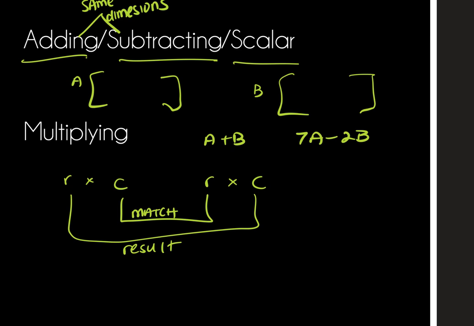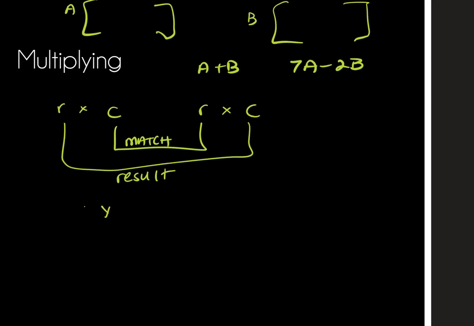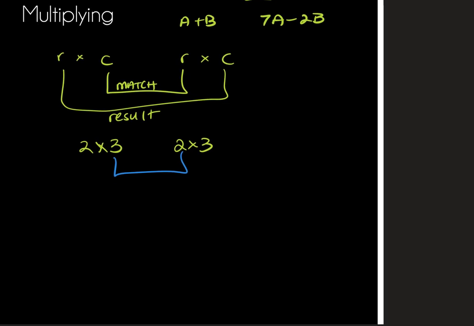So if it's a 2x3 and a 2x3, we cannot multiply because the middle two do not match, okay? But a 2x3 and a 3x2 works. The middle two match. The outer two tell you it's a 2x2. And then you work your way across and down. And do we put impossible if it's like that? Yeah, you could put cannot be done, impossible, whatever. That's fine.